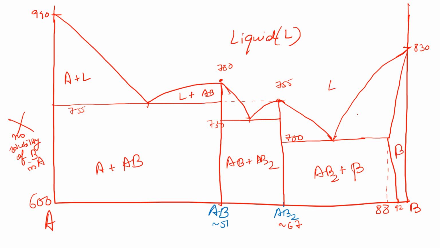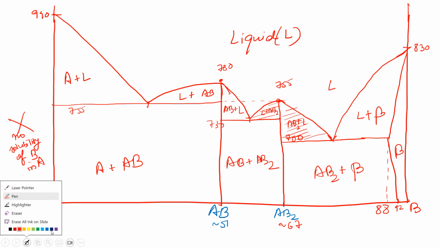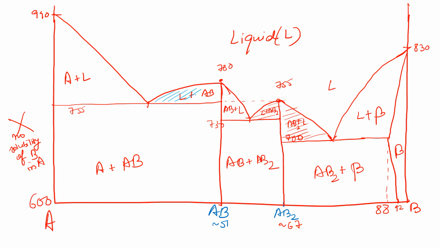So this is liquid plus beta, and liquid plus AB2. This phase field is the same as this field, and we have liquid plus AB. Correspondingly, this phase field is the same as this phase field. So this is the multiple eutectic phase diagram the question was asking us.